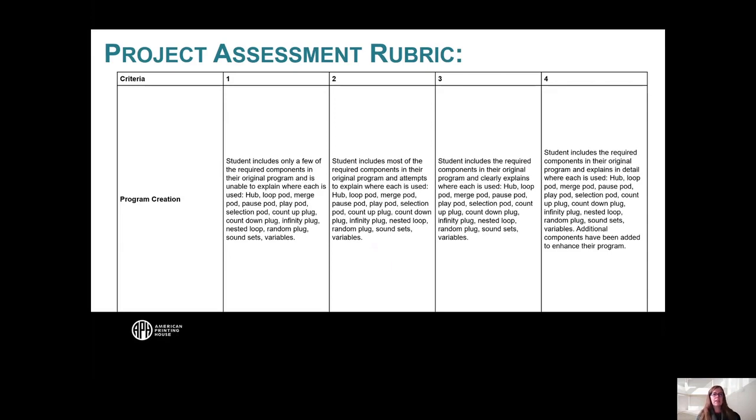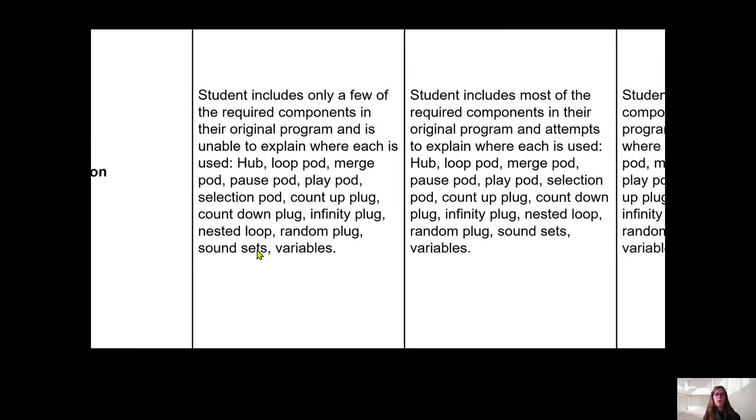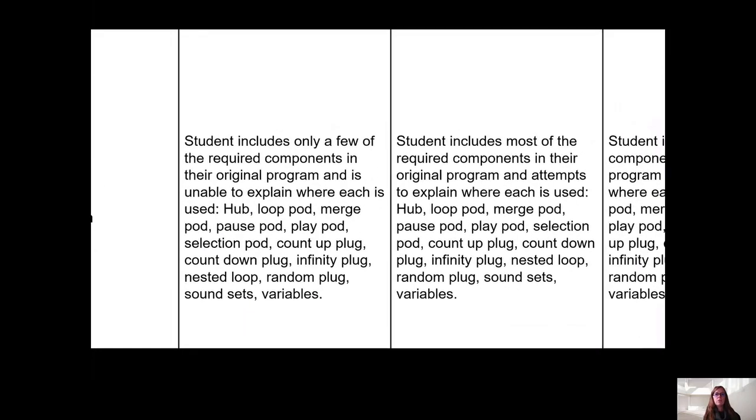Looking at the rubric, we have 4 different levels, 1 through 4, and we have a table in the website that breaks down exactly what each level means. Looking at level 1, student includes only a few of the required components in their original program and is unable to explain where each is used.